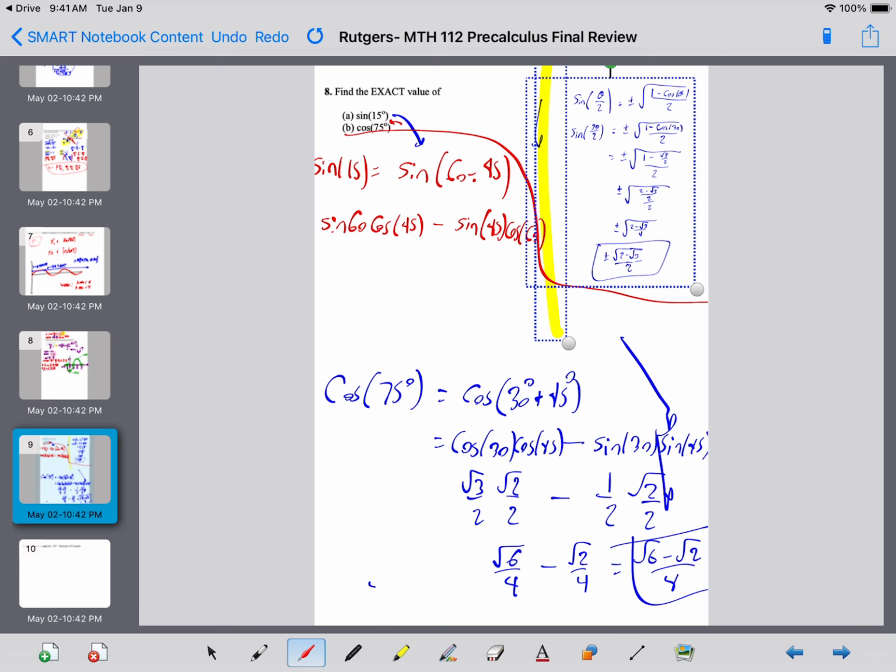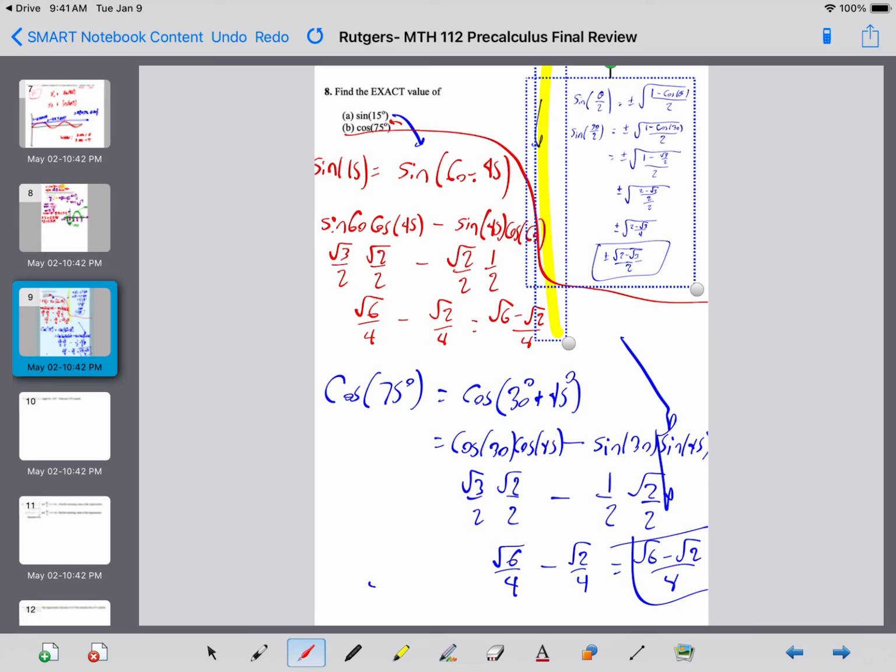So sine of 60, remember, is square root of 3 over 2. Cosine of 45, square root of 2 over 2. Minus sine of 45, square root of 2 over 2. Cosine of 60, 1/2. So then we have square root of 6 over 4 minus square root of 2 over 4, which is square root of 6 minus square root of 2 over 4. Okay. So that's how you would do question 8.